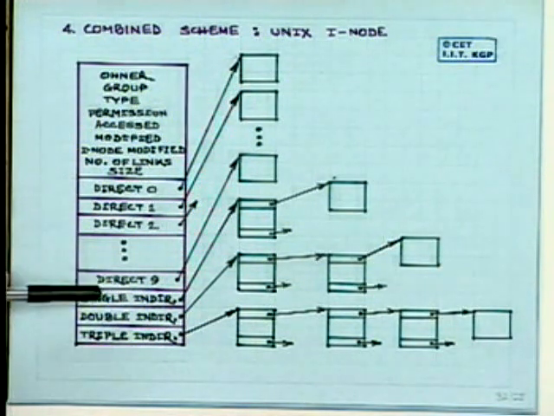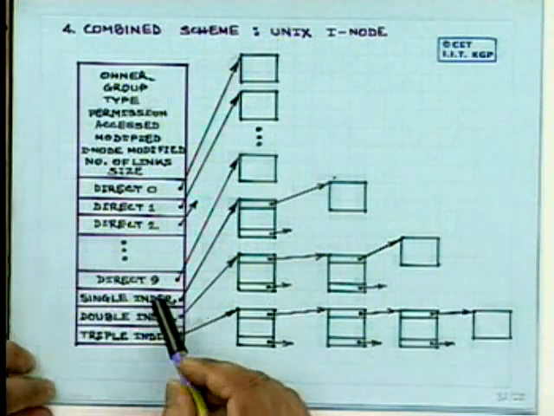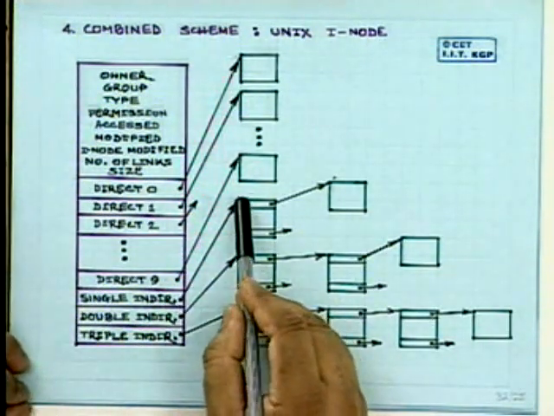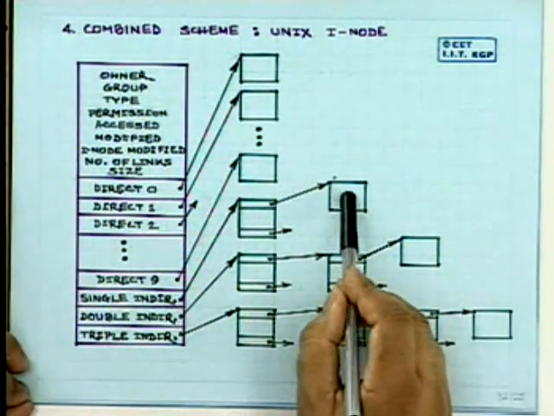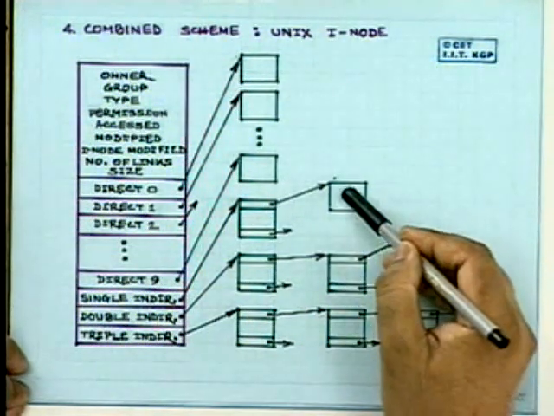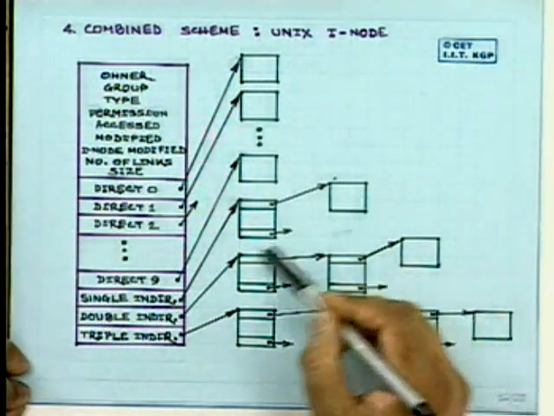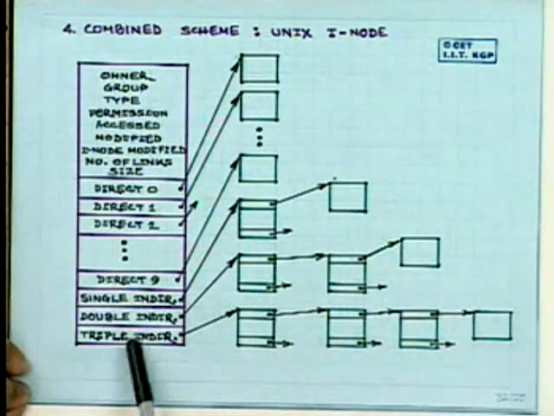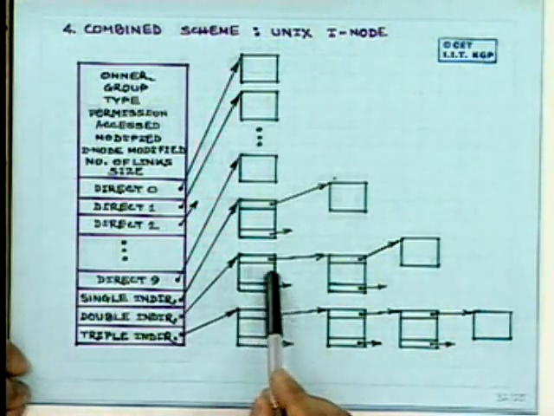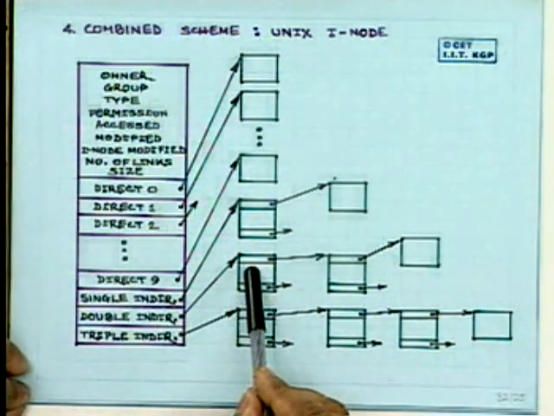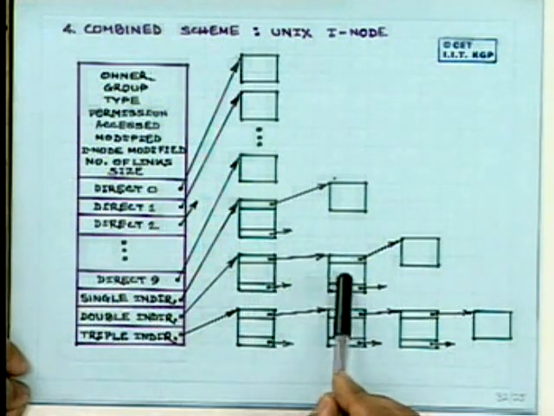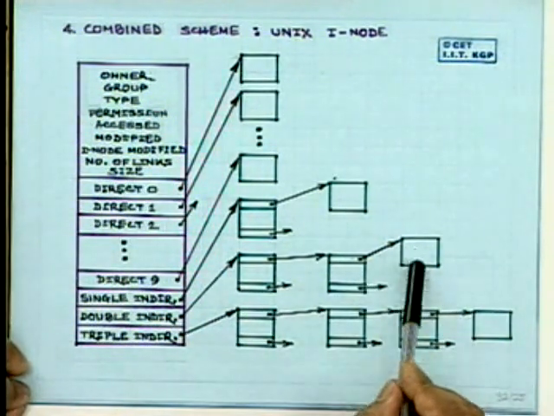Then it goes to single level indirection. That means this now points to an index table, which points to the physical blocks where the portions of the file are kept. Single level indirection. Here it is double indirection. That means it points to an index block, an outer index, then it points to another index table which points to the physical blocks.